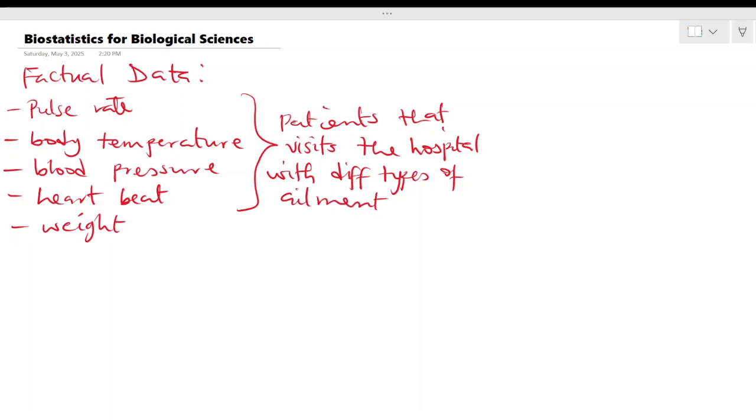Okay, so it's collected from the patient, and the collection of this factual data actually helps the doctor, or aids the doctor.